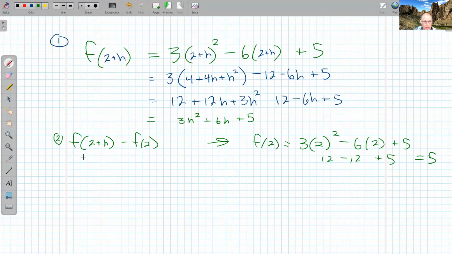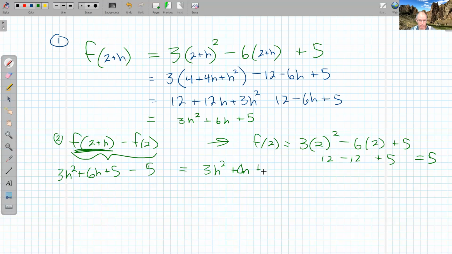So now I have that this right here is the 3h squared plus 6h plus 5, and then we're going to subtract 5. Now we're subtracting f of 2, which is just 5, so that's convenient. So now I get 3h squared plus 6h. That's the numerator.